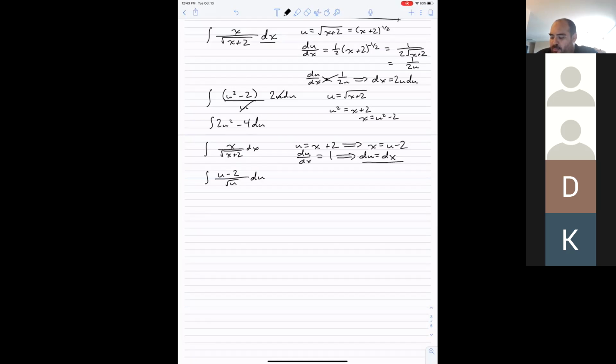So there's one more thing we can do here that makes it pretty simple. I'm going to do the integral of u minus 2 and rewrite this as an exponent. That makes it a little more obvious: I can just divide u by u to the 1/2 and get u to the 1/2, and divide negative 2 by u to the 1/2 and get minus 2u to the negative 1/2.